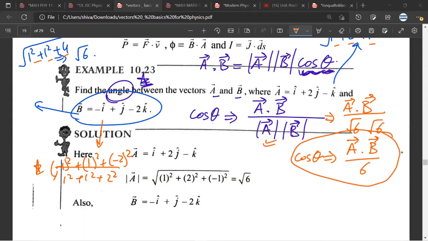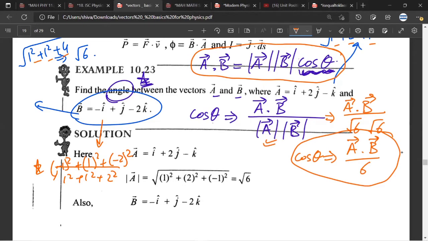I hope we are now at least a bit clearer about how this formula works, Ms. Avantika. Yes, sir. Now the remaining part: we have understood 50%. What remains to be discussed is how do we find this A dot B? How do we find this part, so that the denominator part is okay? How do I find this numerator? How do I find this A dot B?